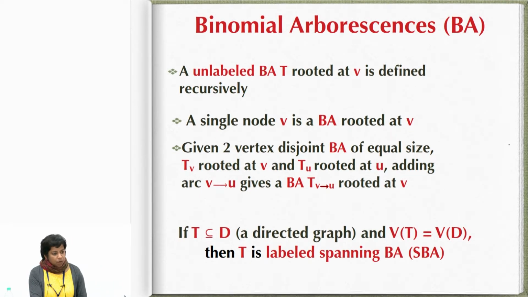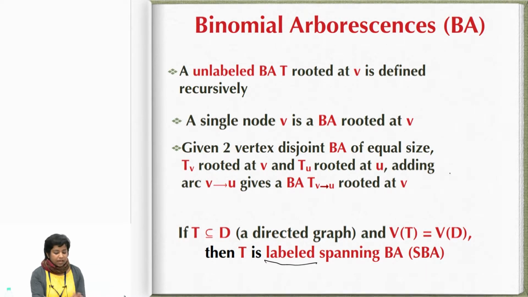Okay. So now the edges that I'm using to define these binomial arborescences, if they are part of a directed graph where the vertices obviously have labels, then what I get is a labeled spanning binomial arborescence. The labeled portion comes from the fact that the vertices have labels.